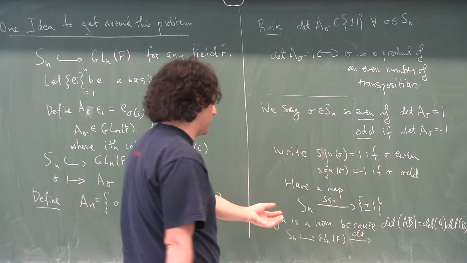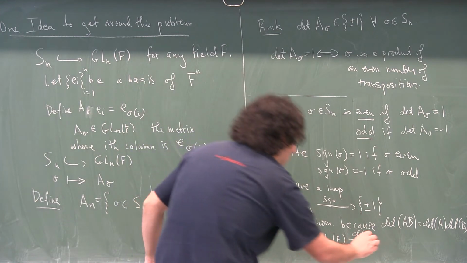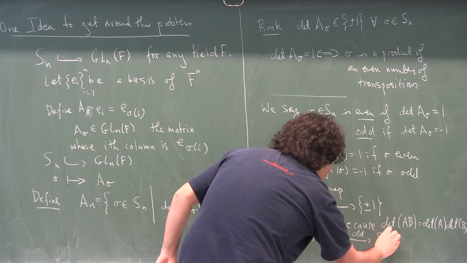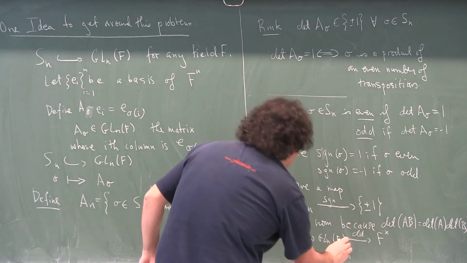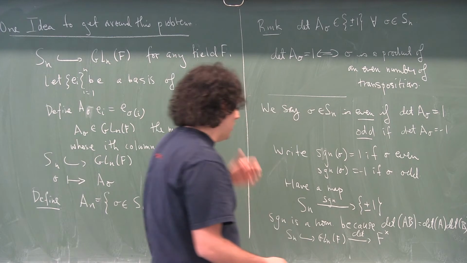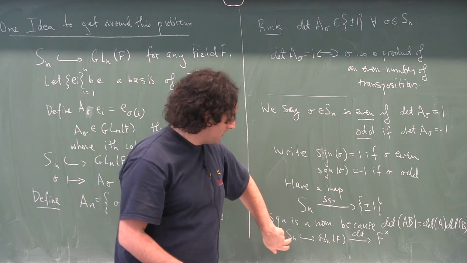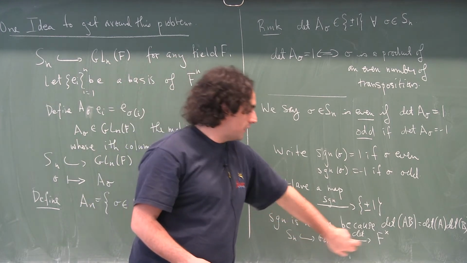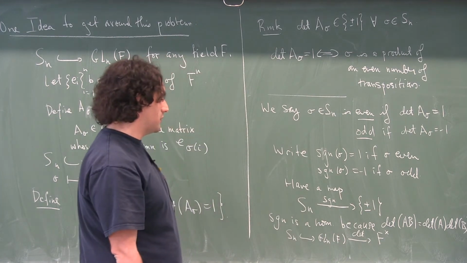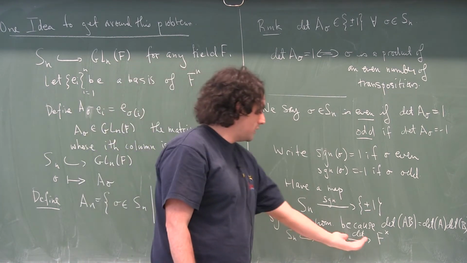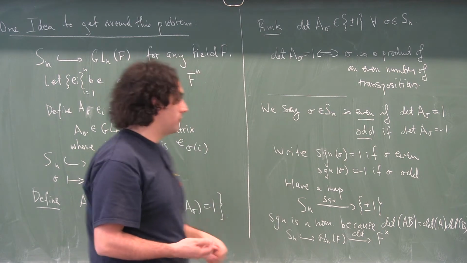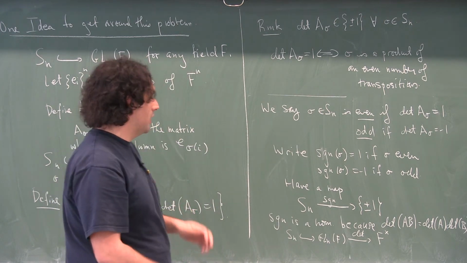Now, of course, the determinant goes to F cross, but we said that if something is in the image of this embedding, then its determinant is plus or minus 1. And then all we are saying is that the composition of two homomorphisms is a homomorphism.